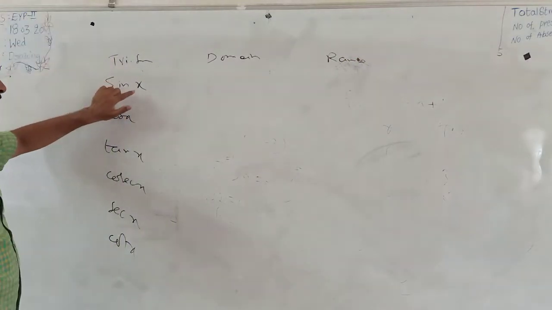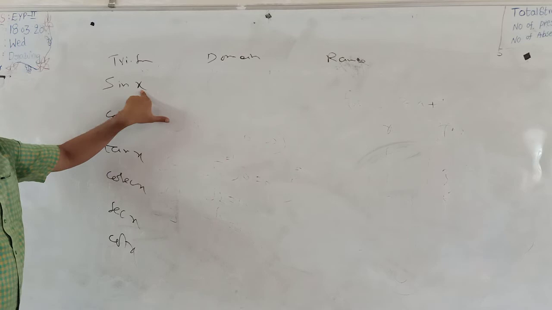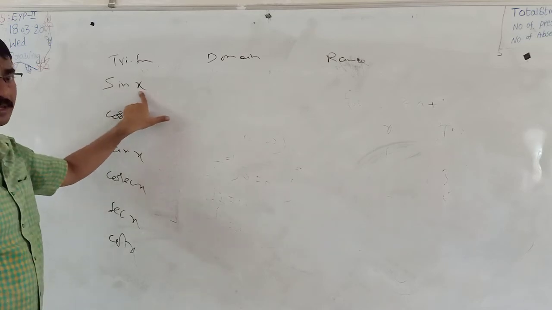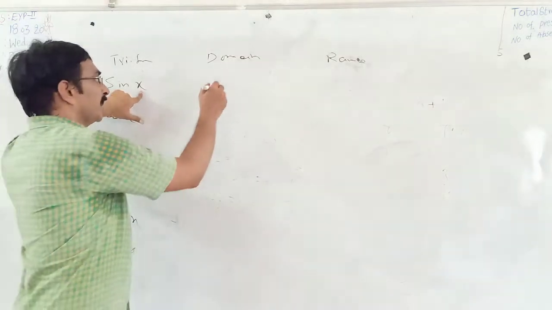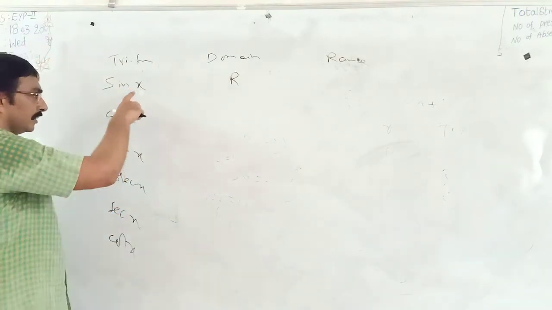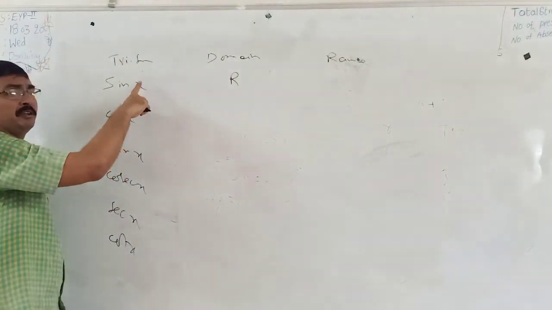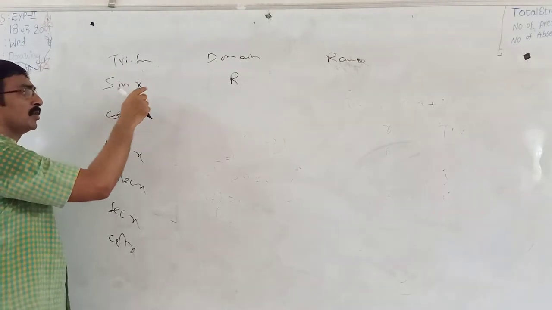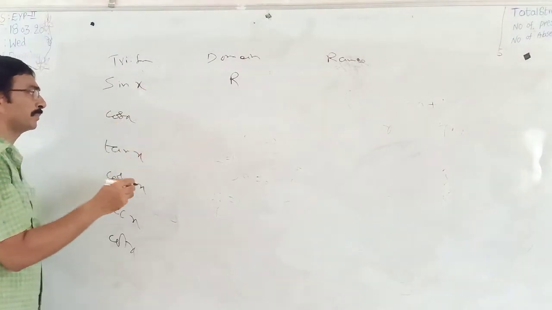We can take any real value in the place of x. Sin of any real value is defined. Therefore, the domain of the function sin x is R. If we take any real value in the place of x, the sin x value always lies between -1 and +1.